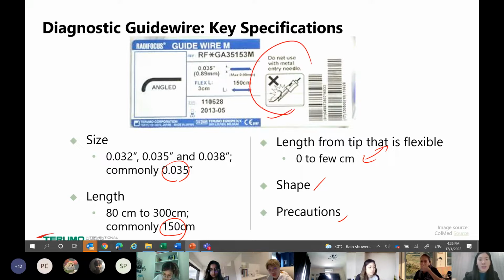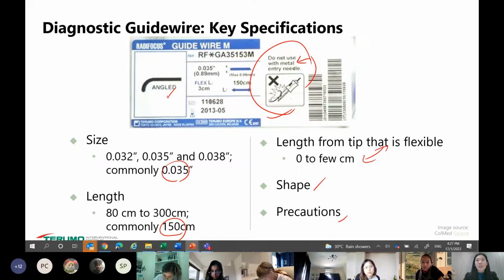One precaution is, for example, here they ask the operator to not use this guide wire with a metal entry needle, which means that this is a plastic one. This has a plastic cover. If you use a plastic cover with a metal needle, it will scrape off, not 100%, but it can scrape off the coating of the guide wire.